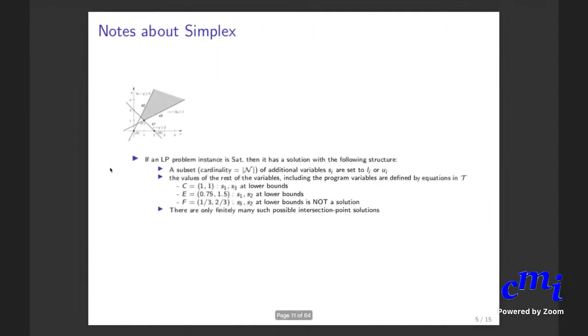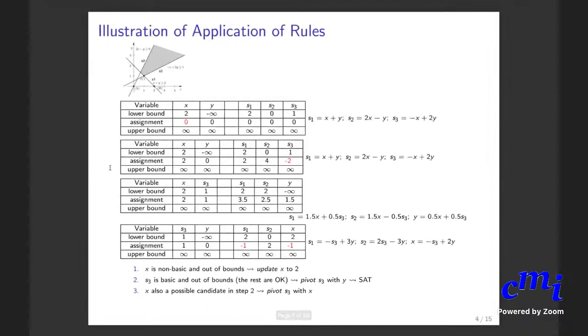So this is an LP problem that has 3 constraints. I want to solve that x plus y is greater than or equal to 0.